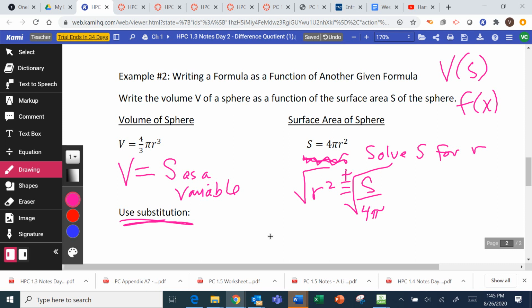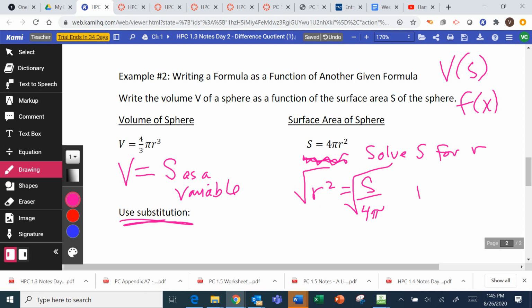Well, it won't be surface area, but you're on the right track. What can't be negative? Any measurement, but what am I scribbling under here? The radius. So just like we're finding what the radius equals, the radius can't be a negative number. So yes, we should always think about that plus minus, but no, we don't need it for this one. So we'll just use the positive version.